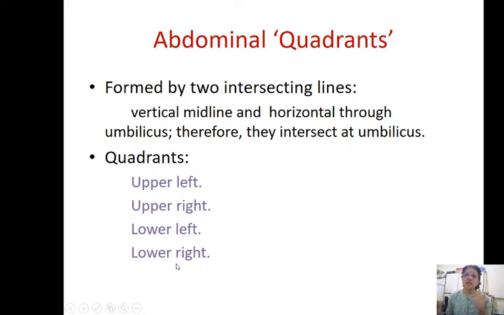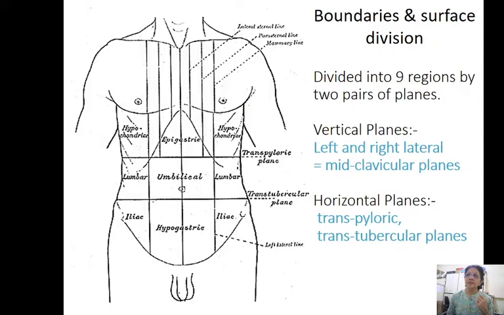But this is not so much used either in basic sciences like anatomy or in clinical sciences. Rather, we look at 9 regions of the abdomen by using 2 vertical lines and 2 horizontal lines. So there are 9 regions created by 2 pairs of artificial planes. You must remember these lines do not exist. These straight, nice, geometric, mathematical lines do not exist in nature, in life. These are things we have devised for you to be better able to predict what is in any one of the regions.